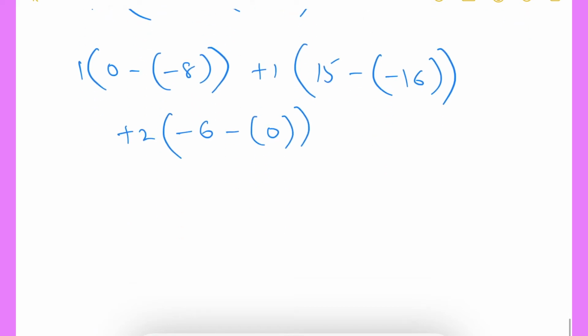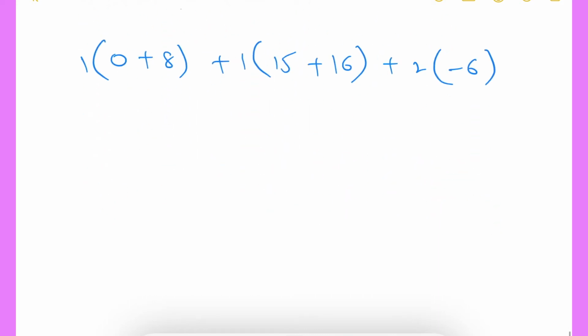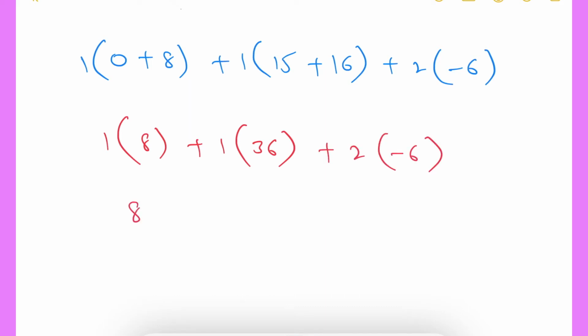Then if we simplify this, 1 into 0, minus into minus 8, plus 8, plus 1 into 15, plus 16, plus 2 into minus 6. Now if we simplify to get the final answer, 1 into 0 plus 8, 8, plus 1 into 15 plus 16, plus 2 into minus 6.